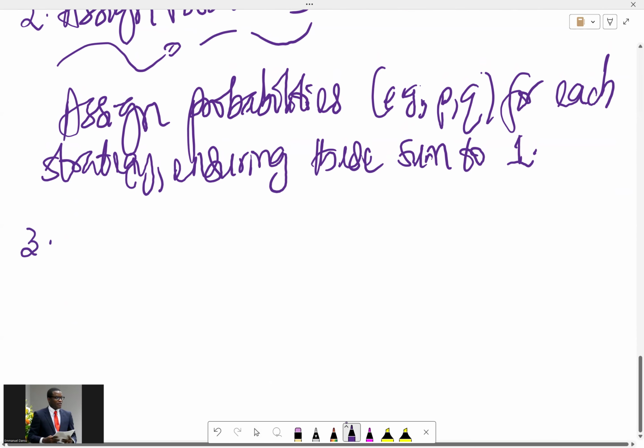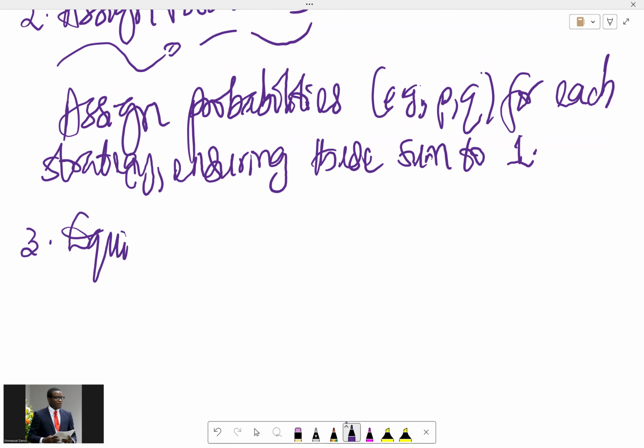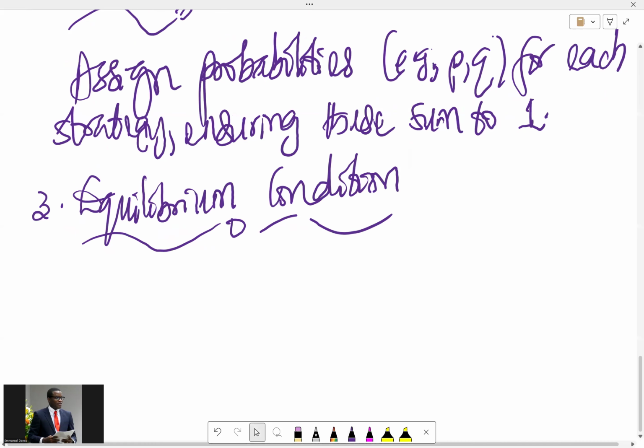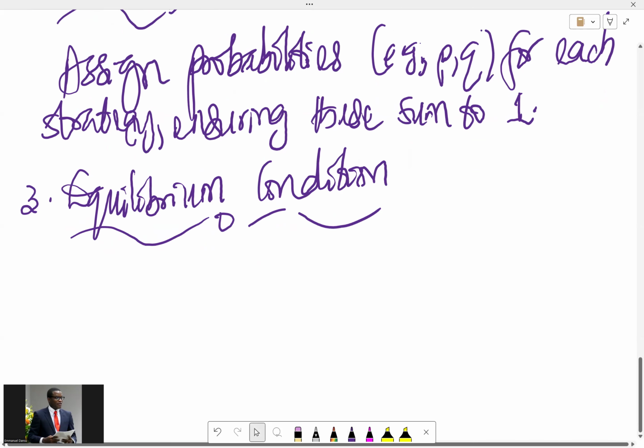Then third, you check the equilibrium condition. We already know how to do that, right? You check the best responses for each player, no matter what their opponents do. You check for their best response in whatever situation.